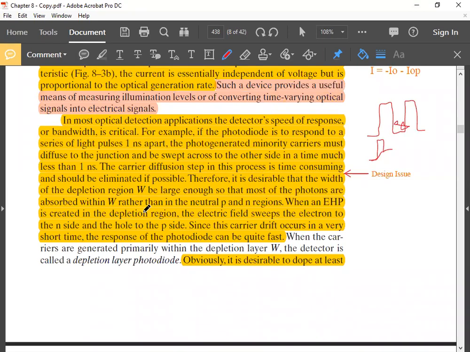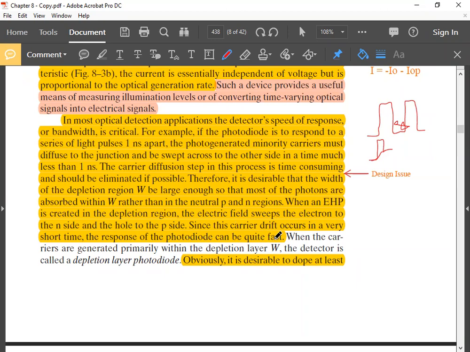When an EHP is created in the depletion region, the electric field shifts the electron to the N side and hole to the P side, which is the cause of that I_OP, the optically generated current. Since this carrier drift occurs in a very short time, the response of the photodiode can be quite fast.